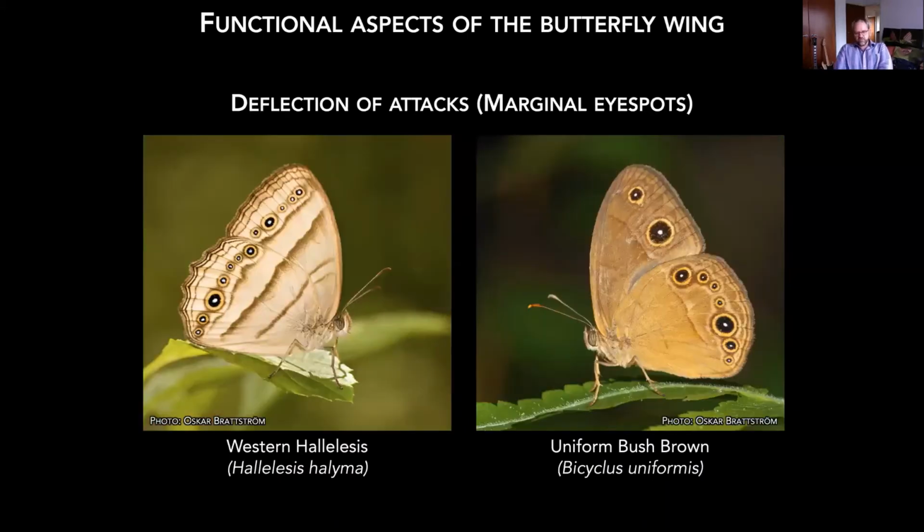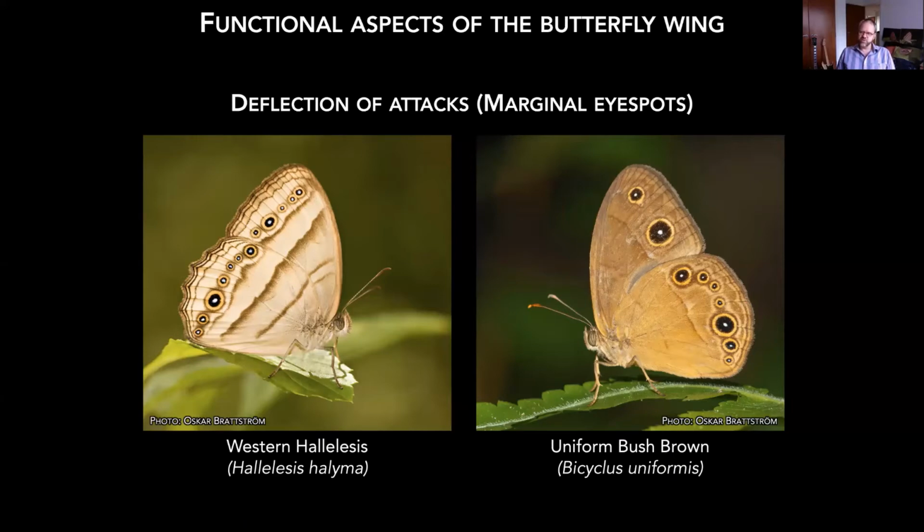And then you commonly find another type of spots on butterflies, often on a group of butterflies called satyrids and browns. And if you look at these, you often find eye spots at the edge of the wings, but they are sitting in a way that you can see them all the time. And these eye spots work in a different way. They're not there to scare a predator. They're actually there to divert the attack.